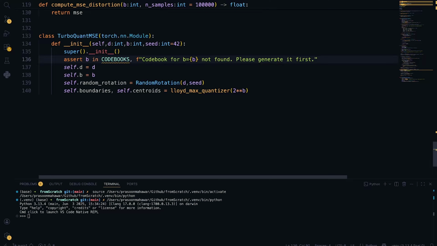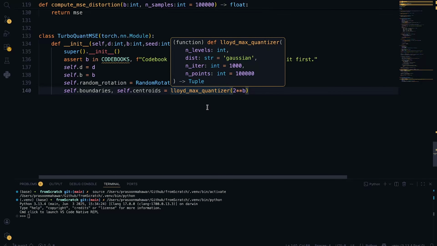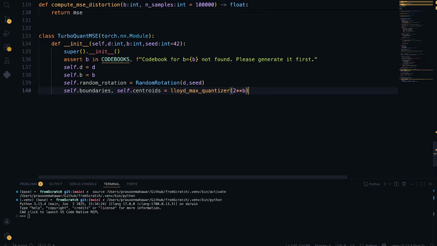Then we will initialize self.d with d, self.b with b, and self.rotation with a random rotation with d and a seed. Let's call it rotation only, not random rotation.